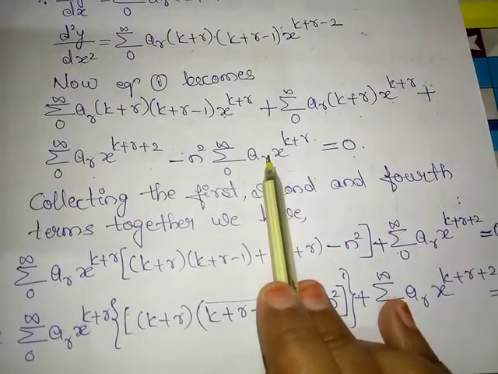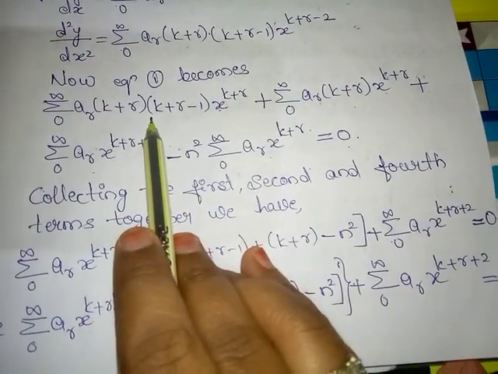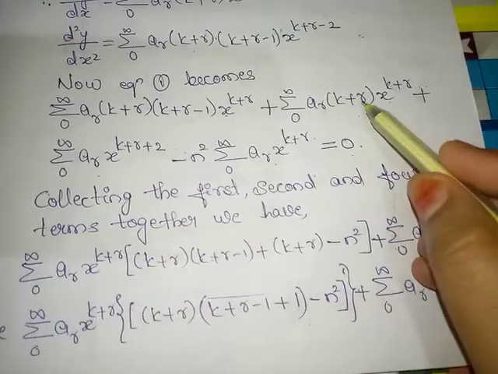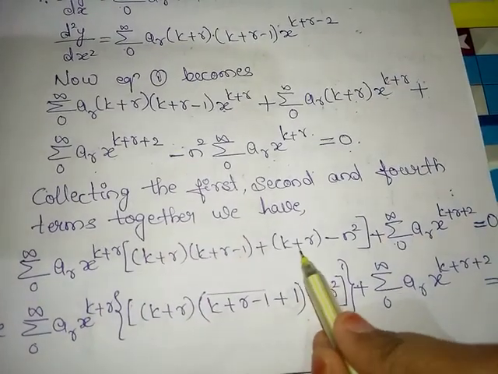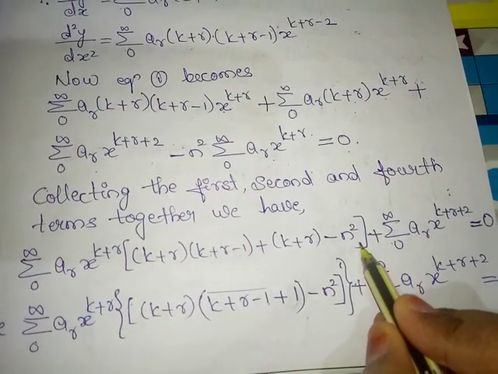In all these three, take ar x raised to k plus r common, and the remaining term is k plus r into k plus r minus 1, and from the second the remaining is only k plus r, and from the last term it is minus n square.